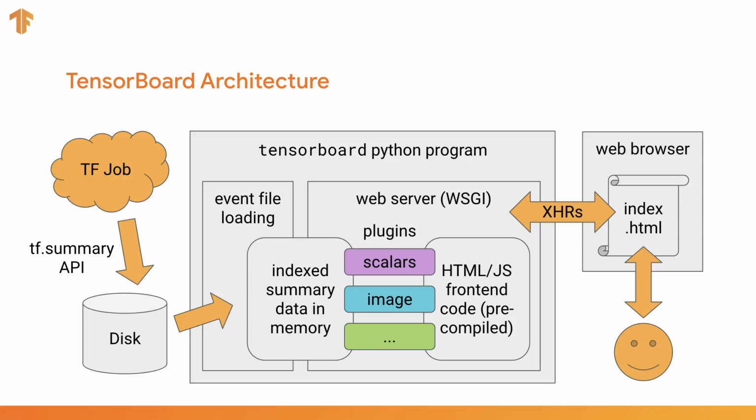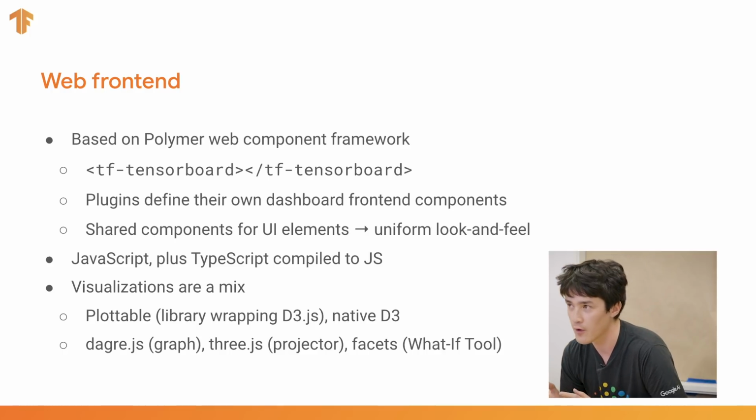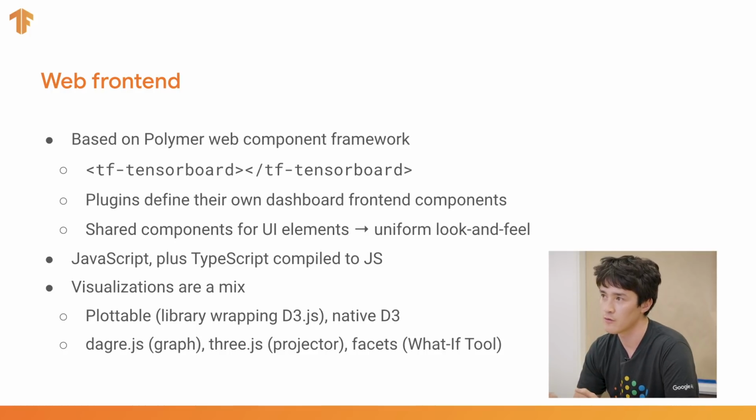And I'll talk a little more about some details of the front end. The front end is built on the Polymer Web Component Framework, where you define custom elements. So the entirety of TensorBoard is one large custom element, TF TensorBoard. But that's just the top. From there on, each plugin front end, each dashboard, is its own front-end component.